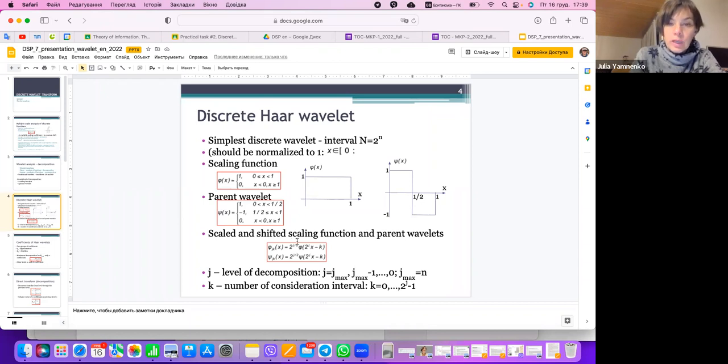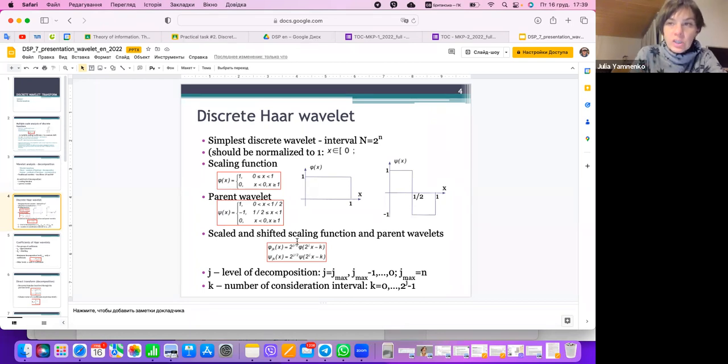But also for these two functions, we will use both of them at each step, at each level of decomposition. So we will do a decomposition. This decomposition will include a couple of levels, a couple of steps.